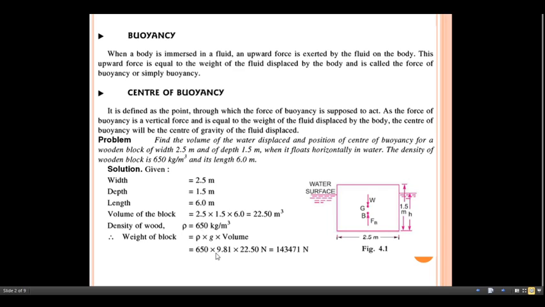So rho is 650, g is 9.81, and the volume is 22.5, giving the weight in Newton. The product of all these terms gives 1,43,000 approximately.